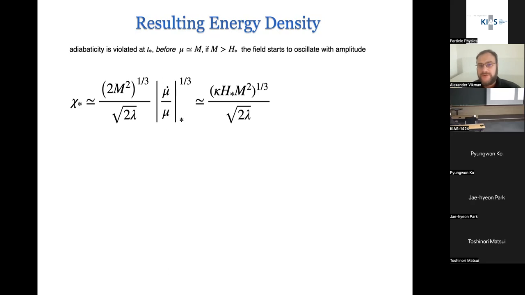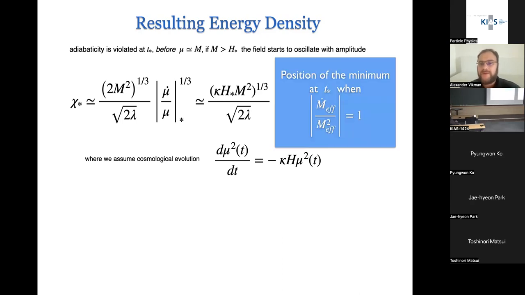And you see it works for generic mu, and for the last equality, or last estimation, I use the point that we assume that mu is redshifting cosmologically, whereas this kappa is a slowly dependent function of time or just a constant. So basically, in the scenario I'm going to concentrate on later, this kappa will be 2. Okay, so basically the moment t asterisk is when the adiabatic parameter is exactly 1.